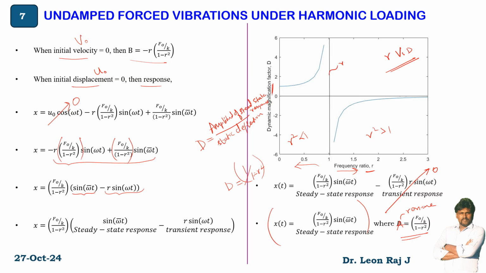This is the resonance. When the resonance occurs, the dynamic magnification factor shall be a maximum or near maximum. So this is the response of an undamped forced vibration under harmonic loading.